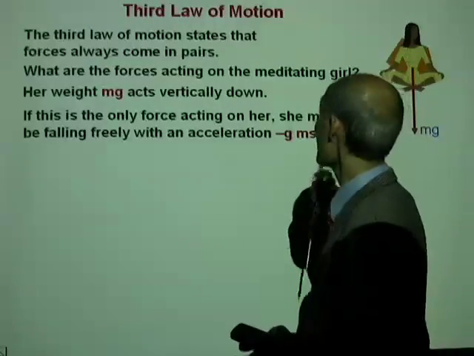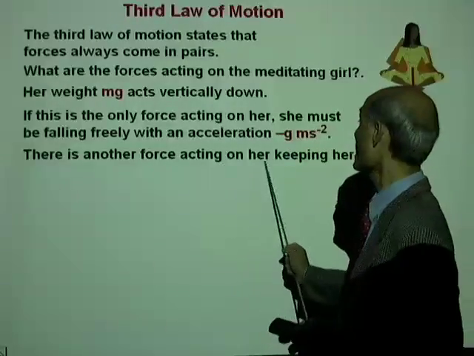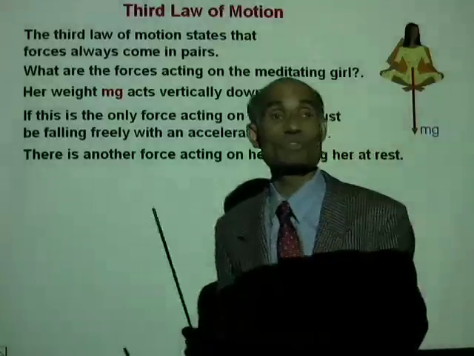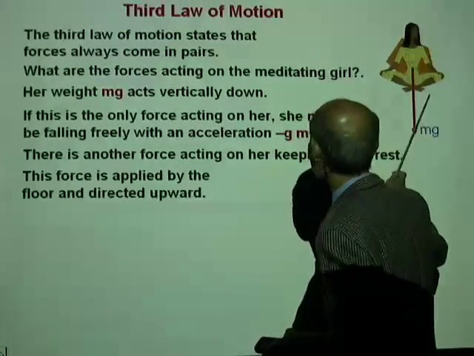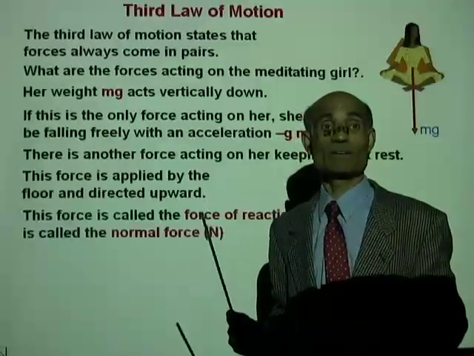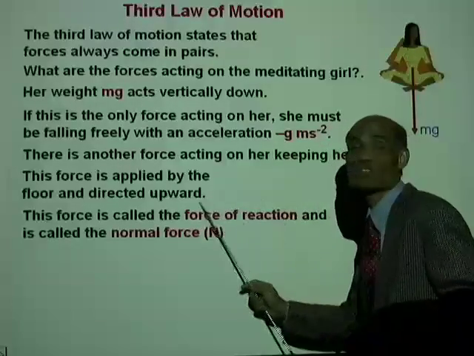Since she is not doing that, there is another force acting on her, keeping her at rest. What is that force? This is the force applied by the floor directed upward on her. And this is called the force of reaction.